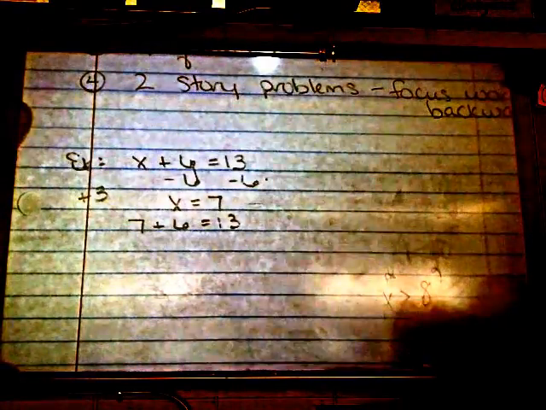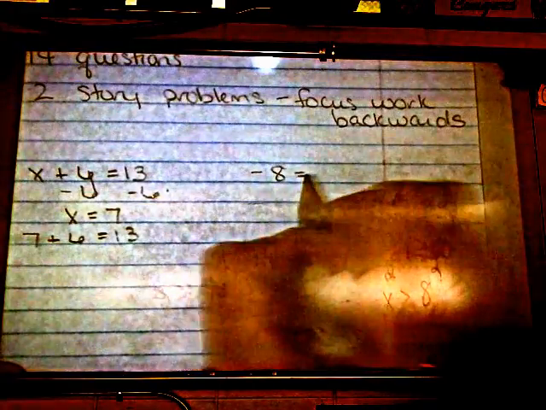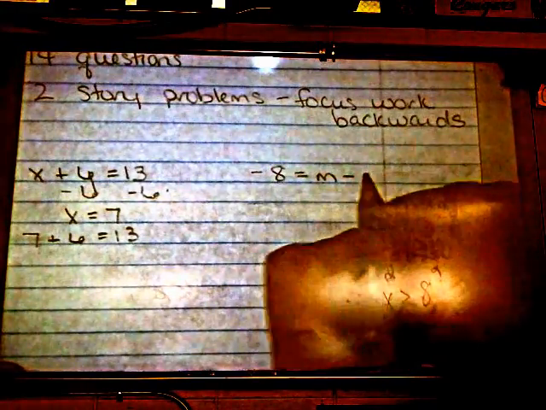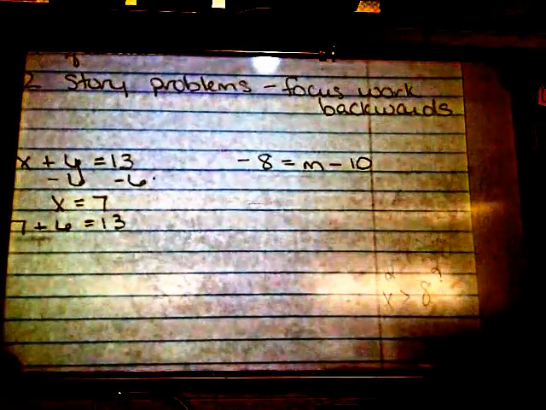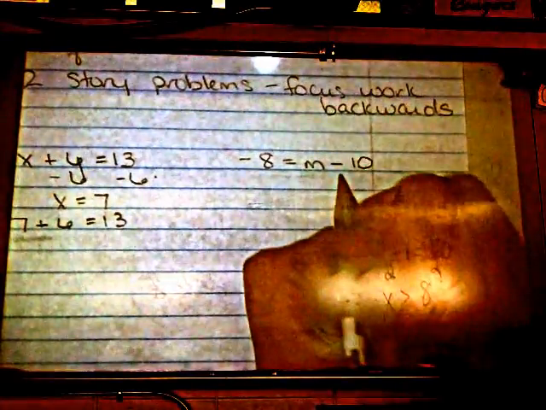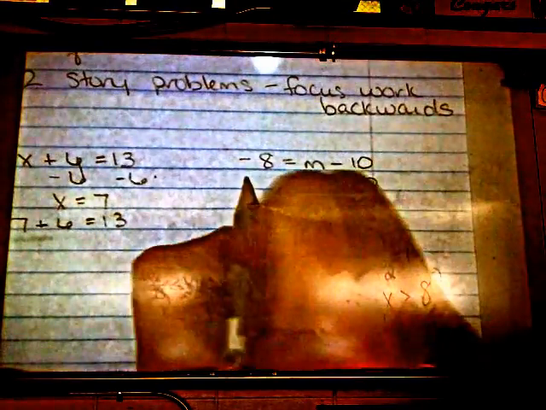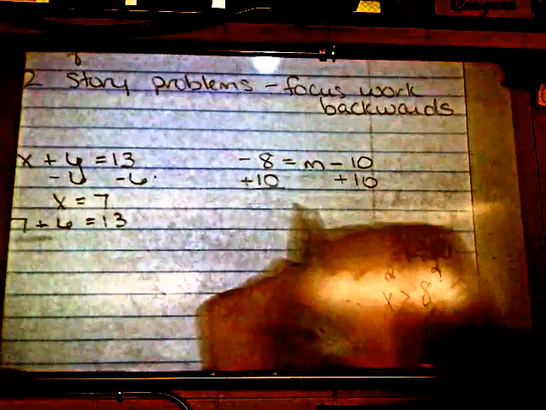Okay? Another type of problem you might see might be negative 8 equals m minus, let's say, 10. So again, when I'm working through that, I've got negative 8 equals m minus 10. So the opposite is to add 10 to both sides. Negative 8 plus 10 should give me a positive 2.